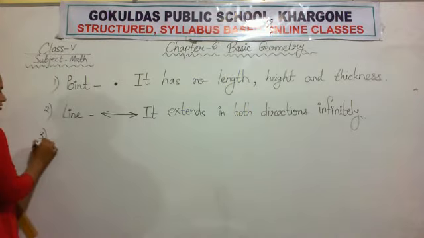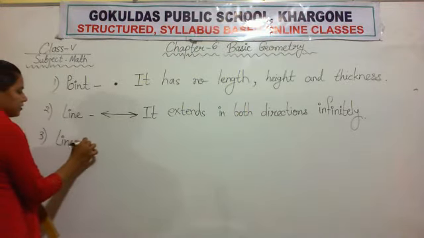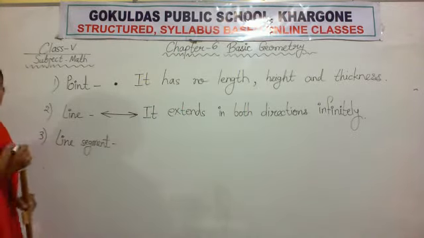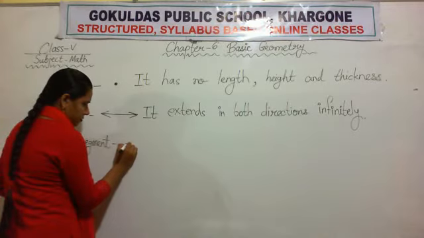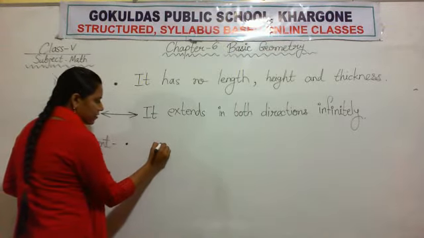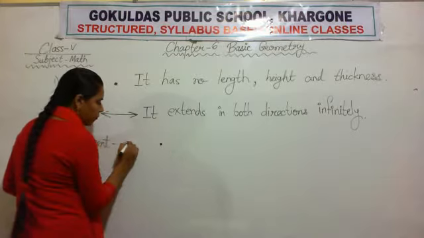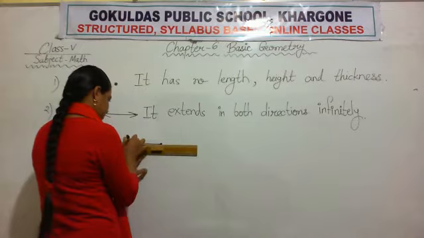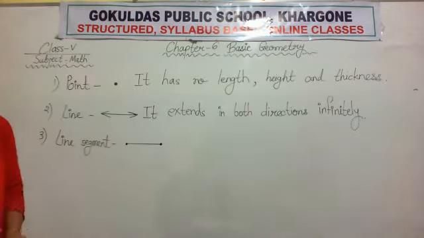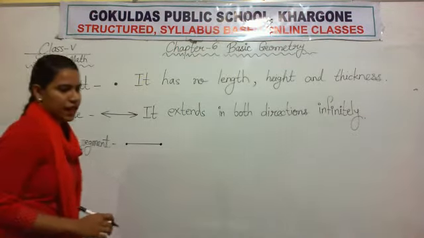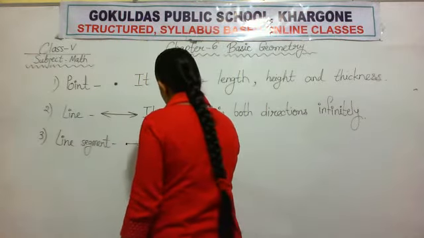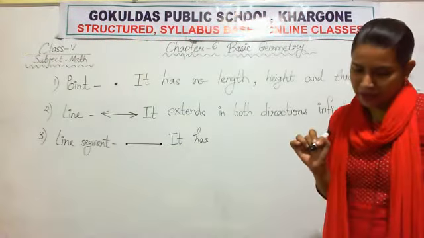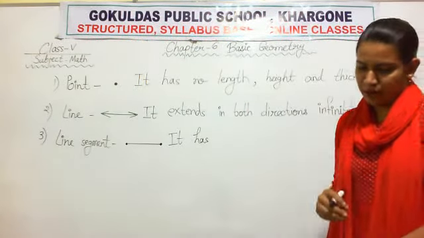Now the next point is line segment. What is a line segment? The symbol for a line segment has 2 endpoints.